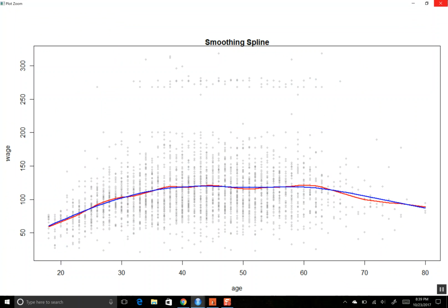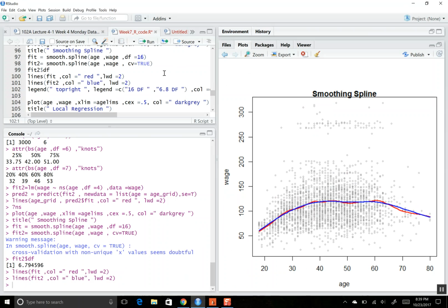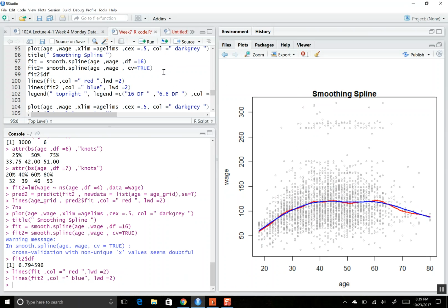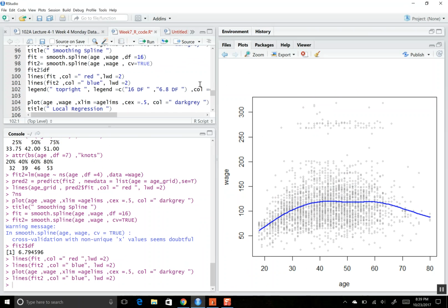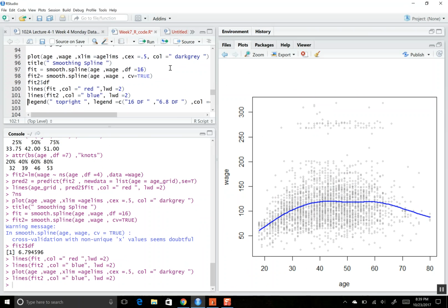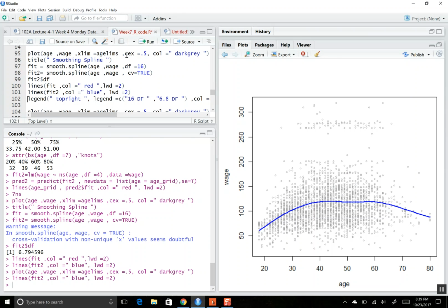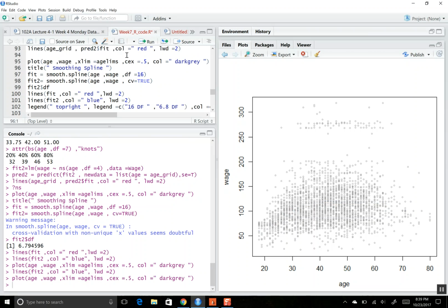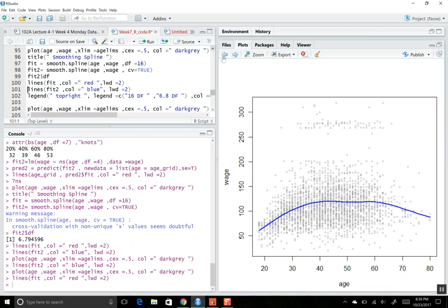It's a little bit smoother. I'll just do them separately. So that's one, and then the other. That's with about 7 degrees of freedom, and this is with 16. So you can see the difference between having more degrees of freedom and fewer degrees of freedom.